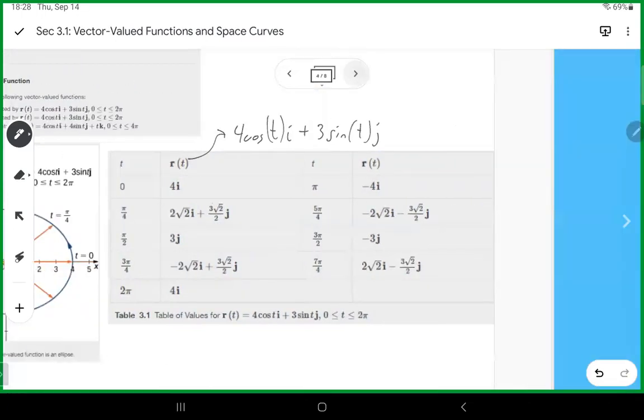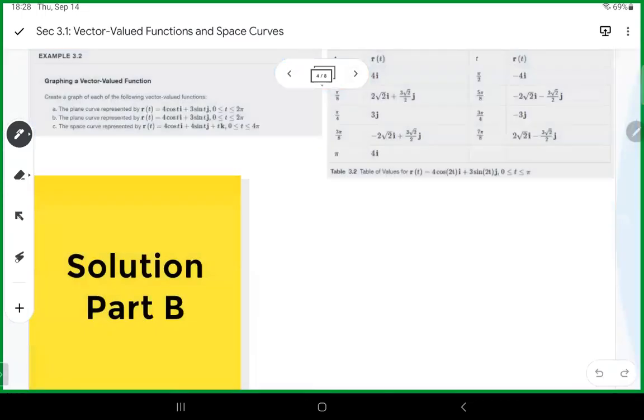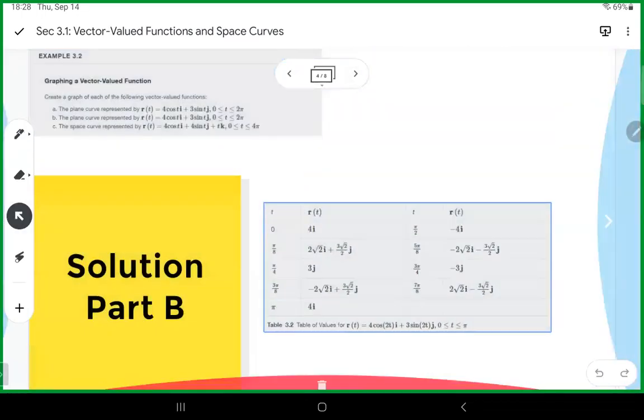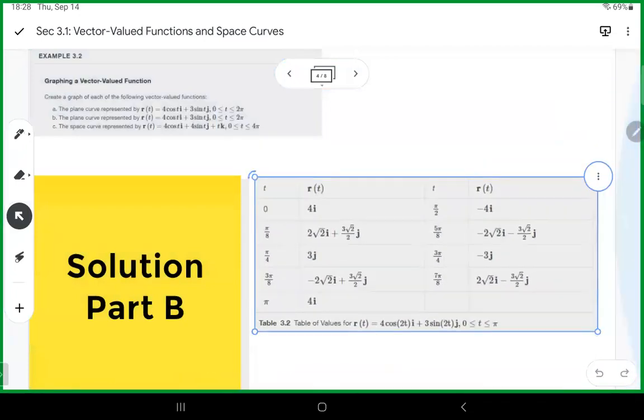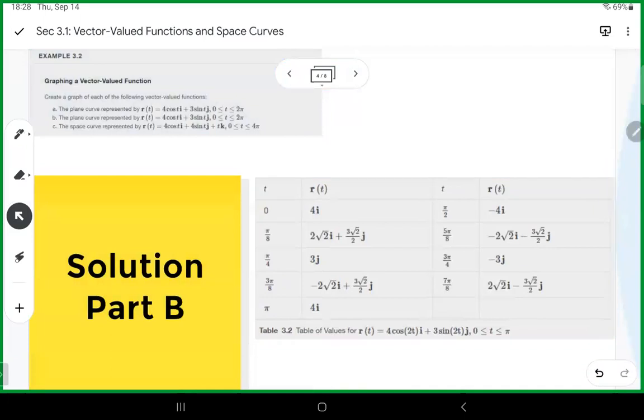Right? Okay, so we did the same thing here. So again, you would have your r of t here is 4 cosine t i plus 3 sine t j.